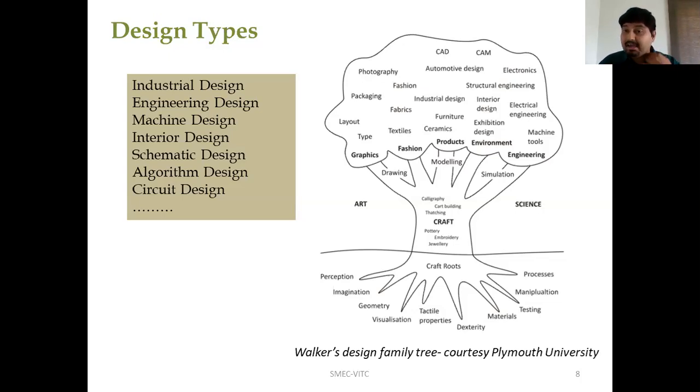We will be able to do layout design, graphics design, fashion, product design, industrial design, fabric design, automotive design, photography design, electronics, structure, interior, and so on. As a whole, the input parameters become like craft roots from which you are able to enter either the art side, the science side, or the craft side as an engineering overview.